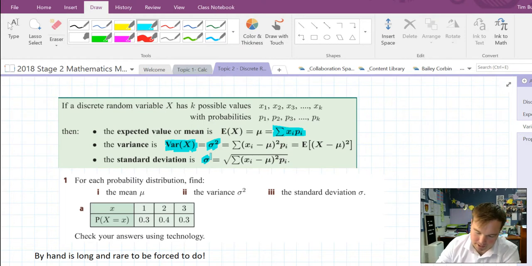So, if you're asked to find the variance, you still need to find the mean first. The question asks us in the order we get them in, so let's follow that order. Find the mean: we do each outcome multiplied by its probability, and then add it together.